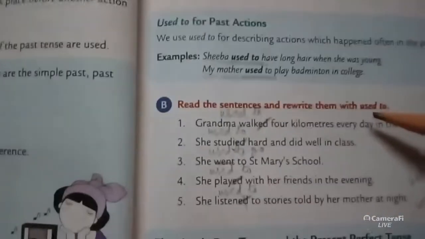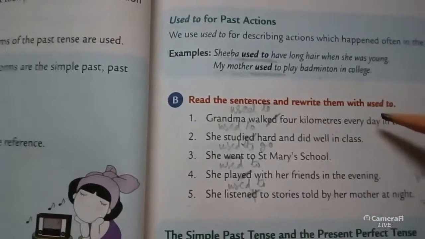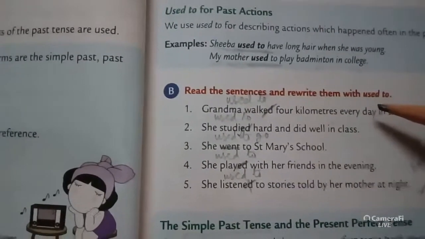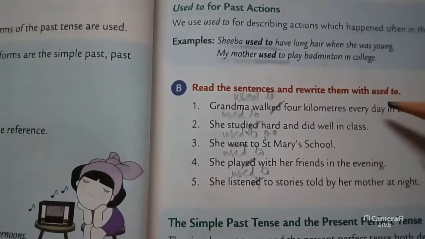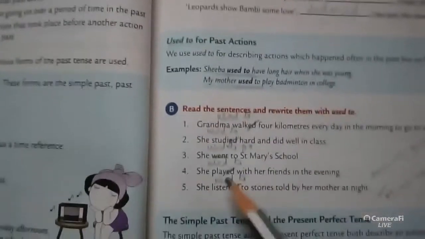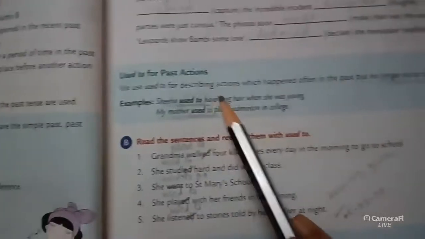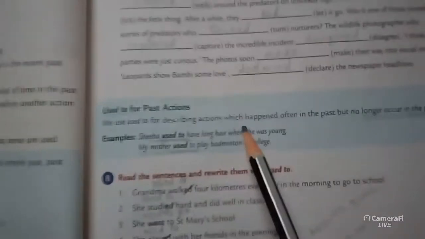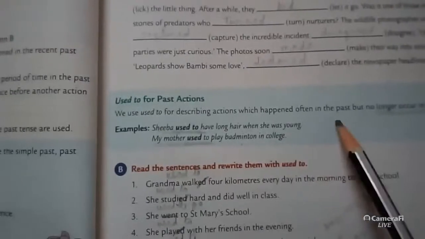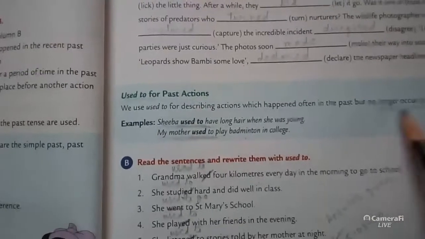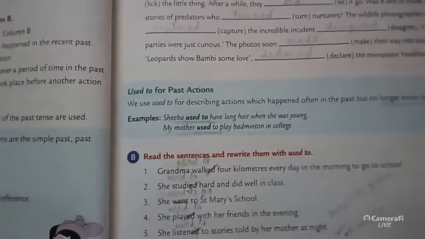Now this one, used to. Sometimes we use used to. Okay. We use used to describe an action which happened often in the past but no longer occurs in the present.